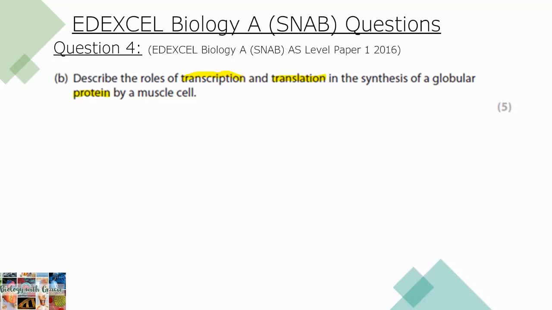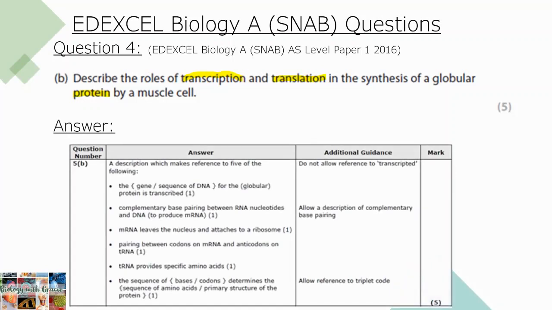Then pairing between codons on mRNA and anticodons on tRNA occurs, as we know, and the tRNA carries a specific amino acid coded by the mRNA to the mRNA on the ribosome. And the sequence of codons or bases determines the sequence of amino acids, which then determines the primary structure of the protein. And we can see our answer here.